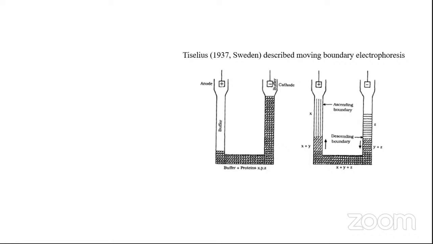Because of that, there is some degree of change in the refractive index of the medium, in order to form what is called a boundary. So how do you trace whether the separation is happening?